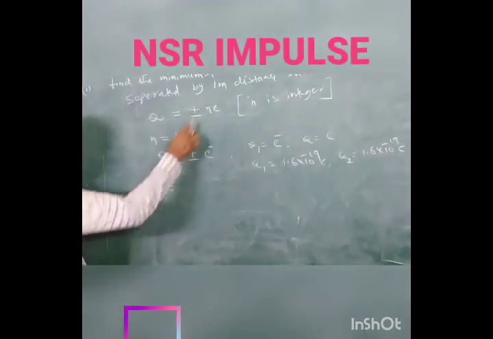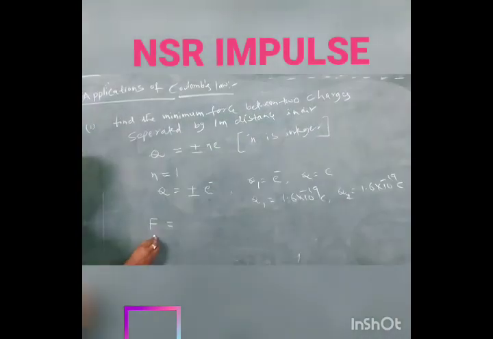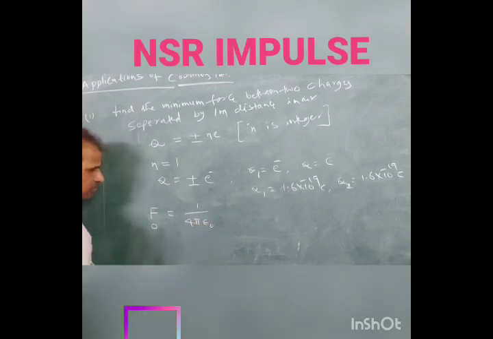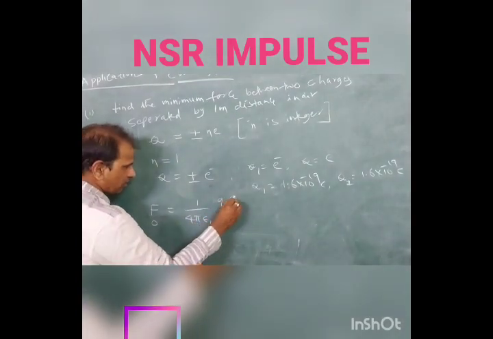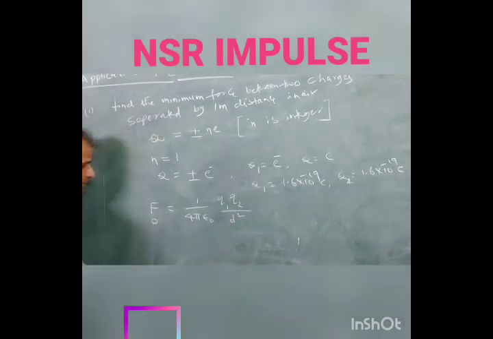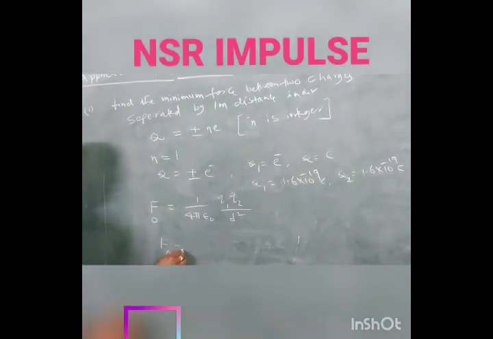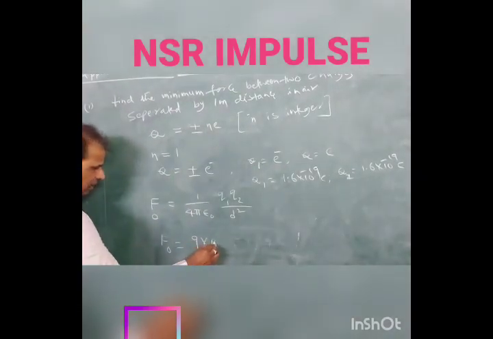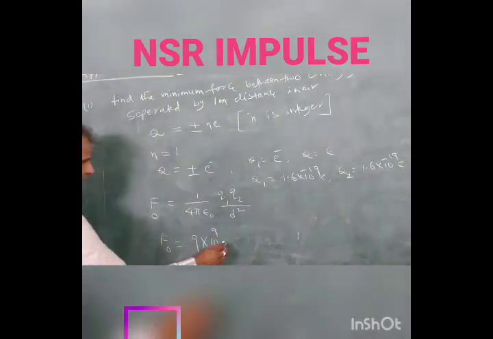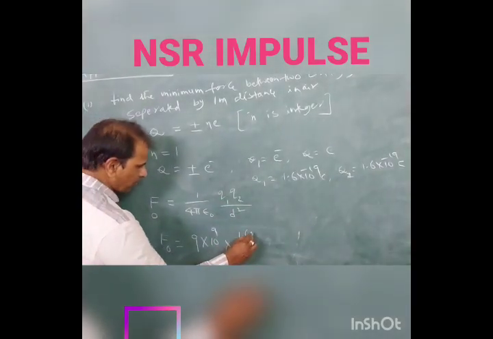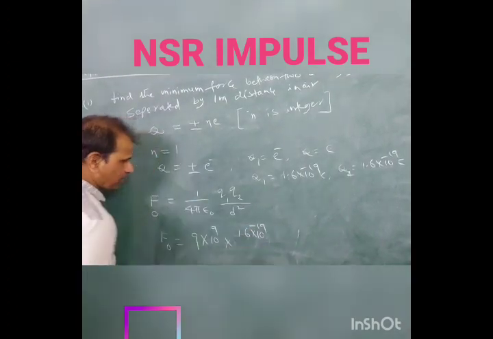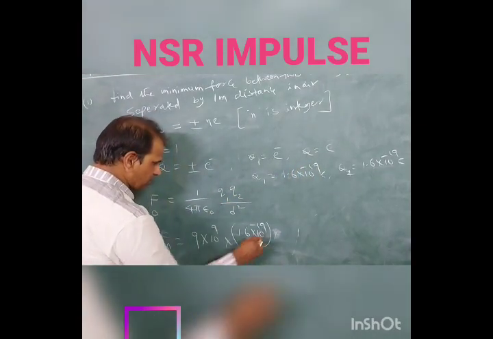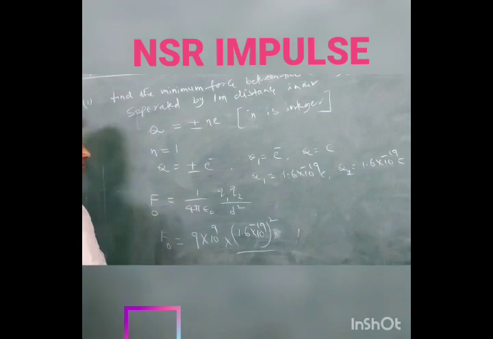The medium given is air. F naught is equal to 1 by 4 pi epsilon naught Q1 Q2 by d square. Earlier I gave this value as 9 into 10 power 9, times Q1, 1.6 into 10 power minus 19, times Q2, which is also the same, so it is squared, divided by d square.